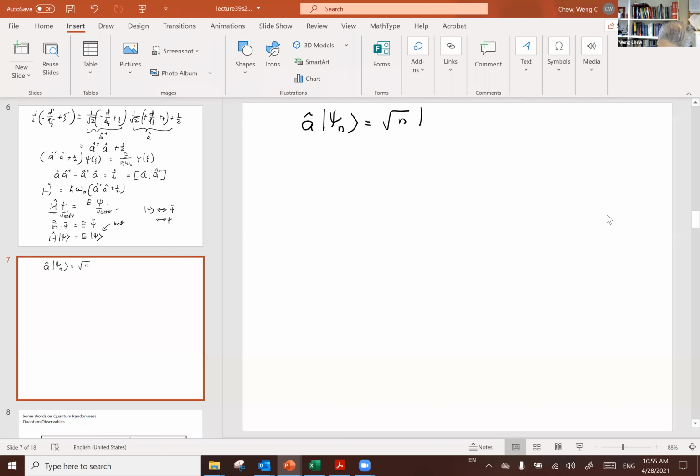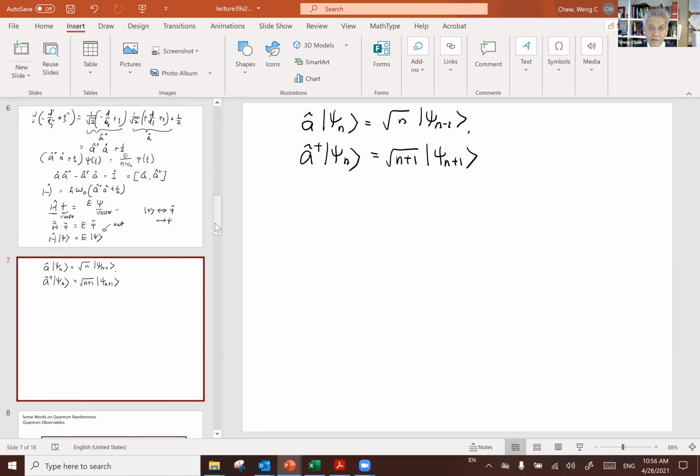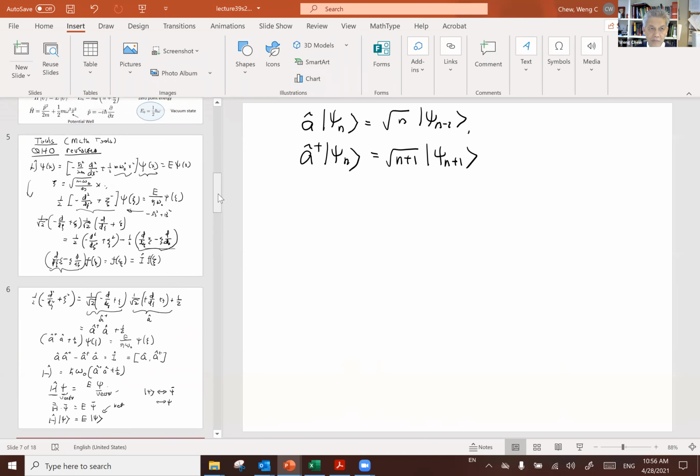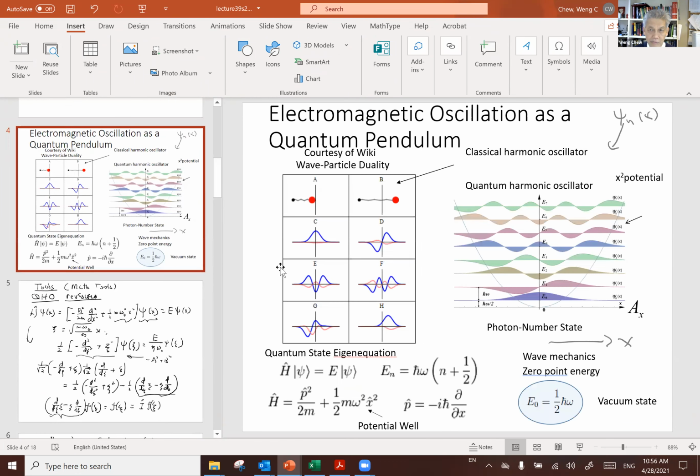It becomes a photon number state with n minus 1. Okay, and then if I have the creation operator operating on the photon number state, it actually corresponds to producing a state with 1 photon that is larger. Okay, this is something that you have to assume to be correct at this point because I don't have time to prove them.